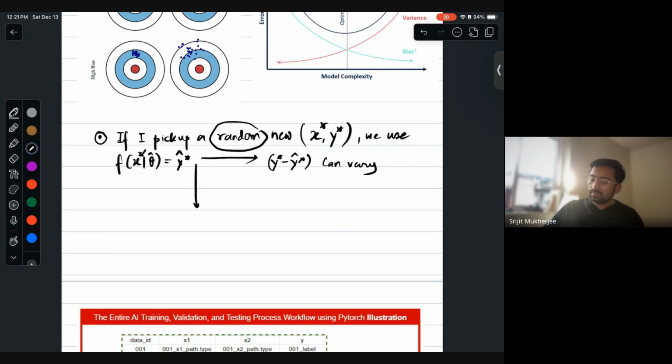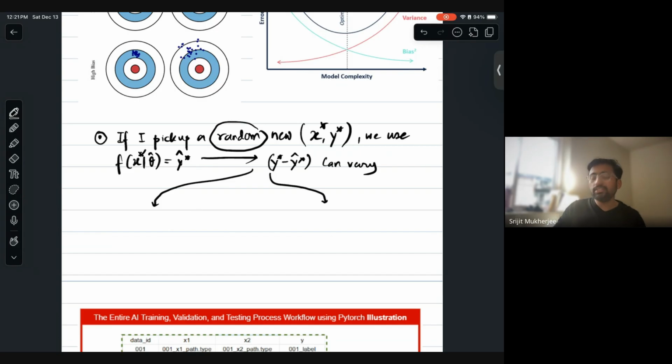And since it can vary, we can ask two questions. It's a random number, a random variable actually. One question is, on average, how is it behaving? So the expected value of it. And what is the variability?